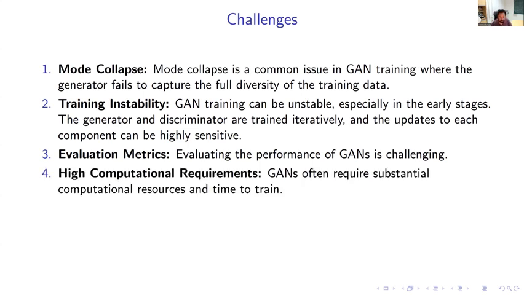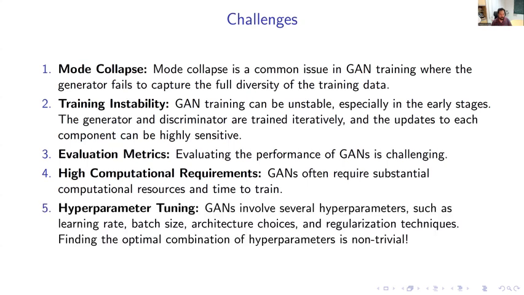GANs usually tend to have very high computational requirements. If you're running on, let's say, 1 or 2 GPUs, then you may have to run perhaps for a week to train on some high-resolution data sets. And it again essentially involves two architectures, generator and discriminator.